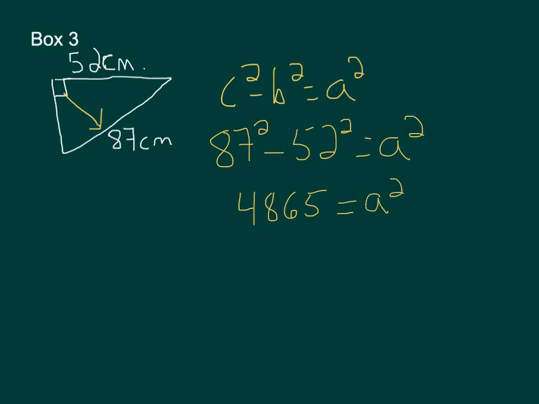So now I take the square root, and you just do that in your calculator. The square root of 4,865 is 69. Now I'll write over here again what I got in my calculator.